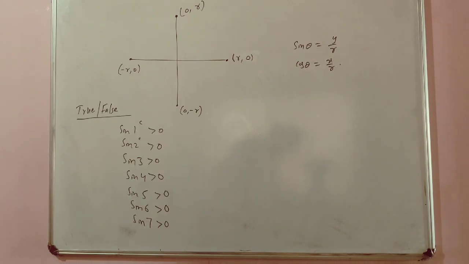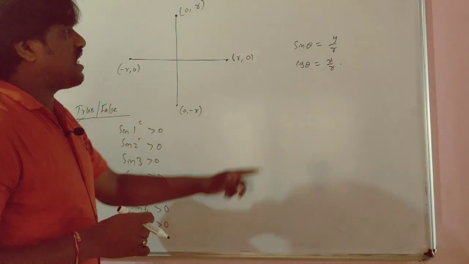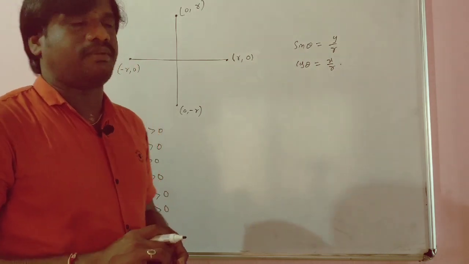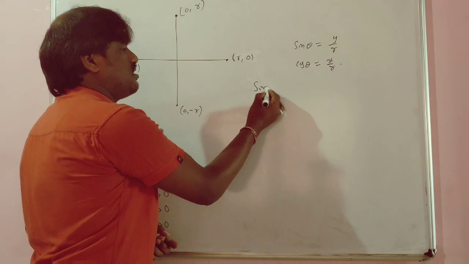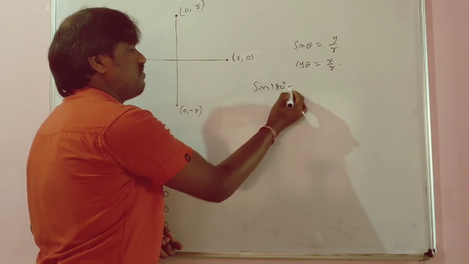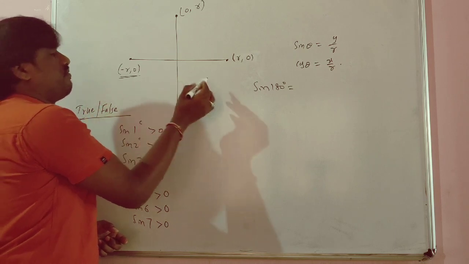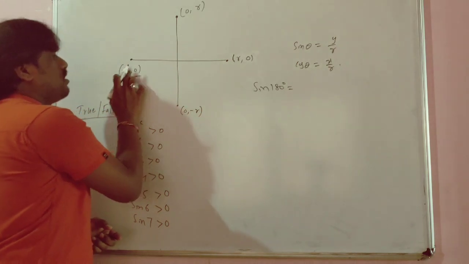So what I want to say here, yesterday I explained all these things. So let us discuss true or false on this, okay. Now sin theta is equal to y by r, cos theta is equal to x by r. This was already explained yesterday. So if anybody wants to find the value of sin 180 degrees, it comes here.